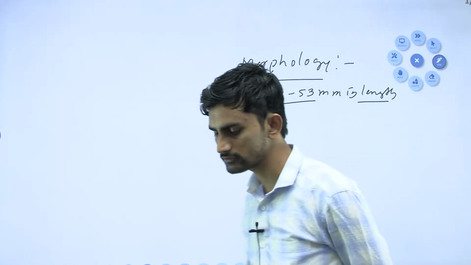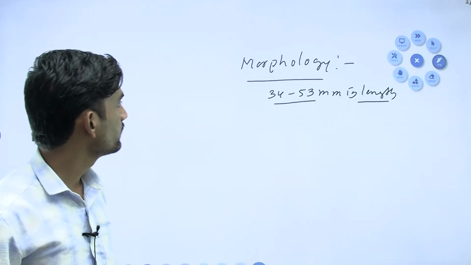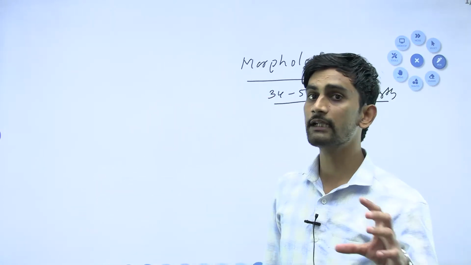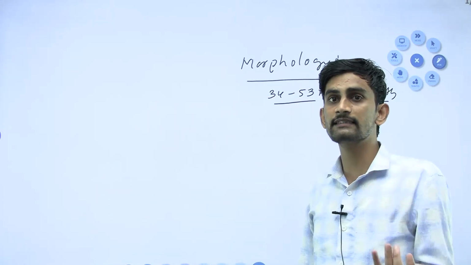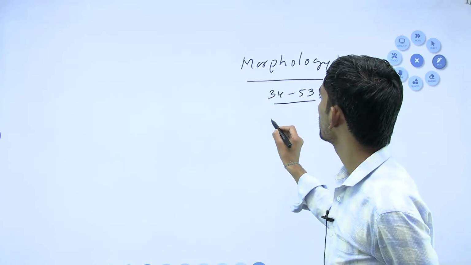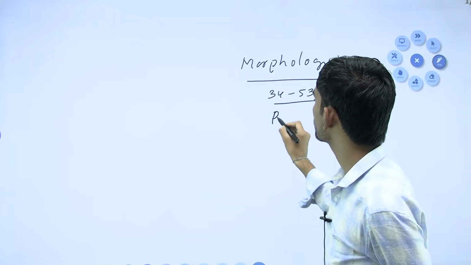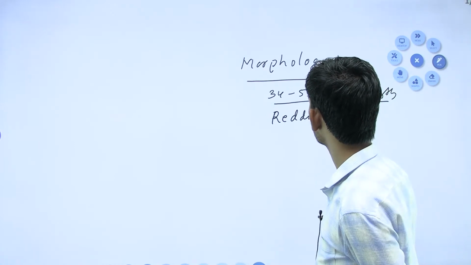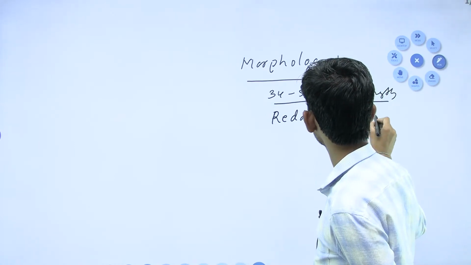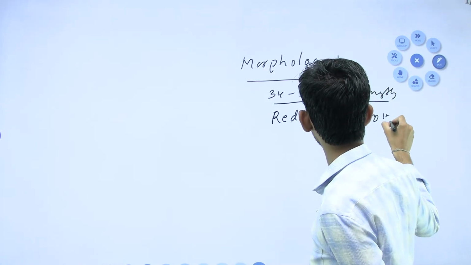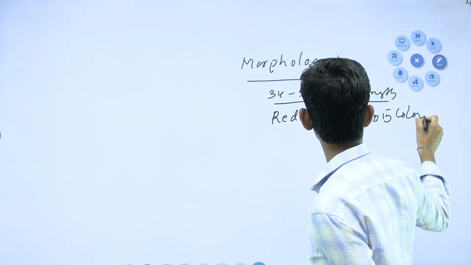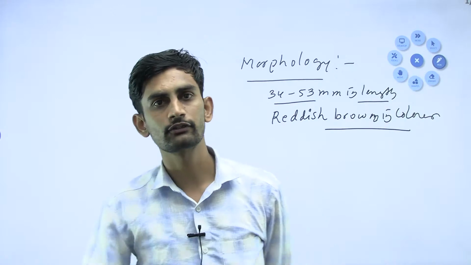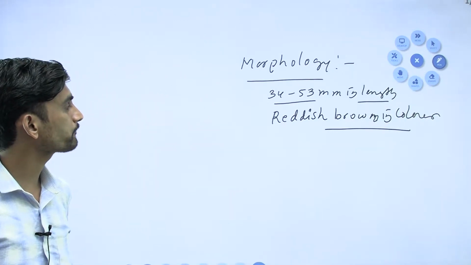Normally, adult cockroaches have a length of about 34 to 53 millimetres, as you should follow in NCERT. When you observe these cockroaches clearly, they are dark reddish brown in color. This color is a very important point.